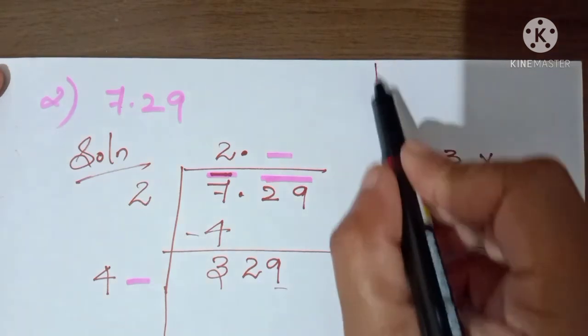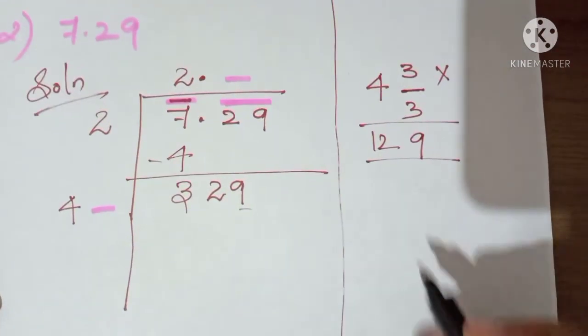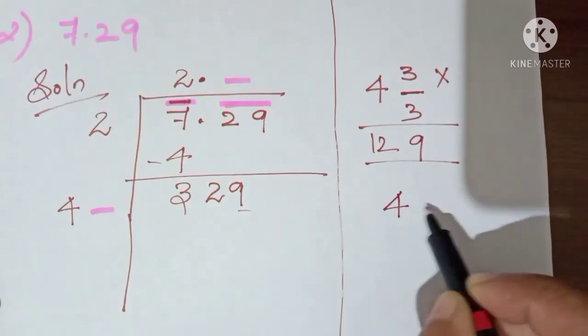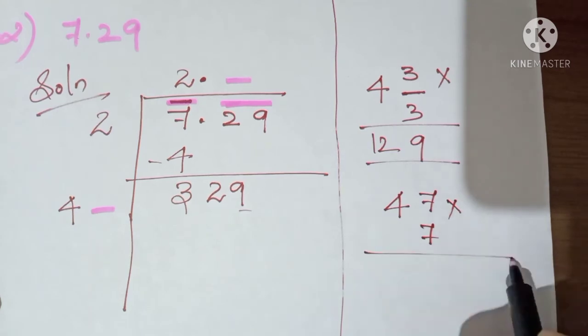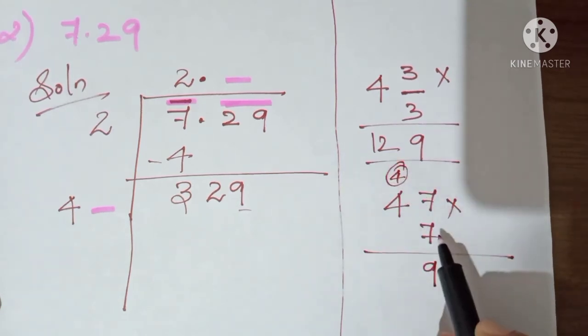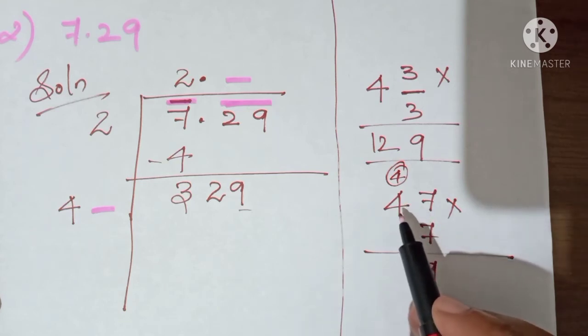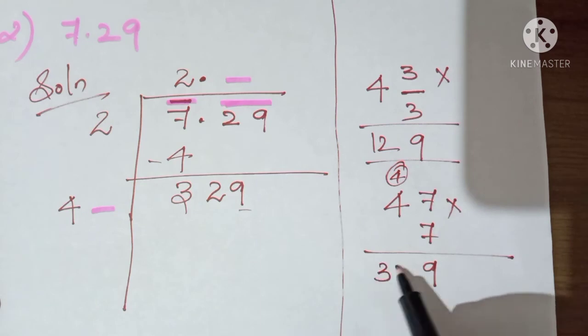So next we will check it for 7. 7 7s are 49, right? So in place of the blank we'll substitute 7, and with the same 7 we'll be multiplying. 7 7s are 49, 4 7s are 28. 28 plus 4, 32.